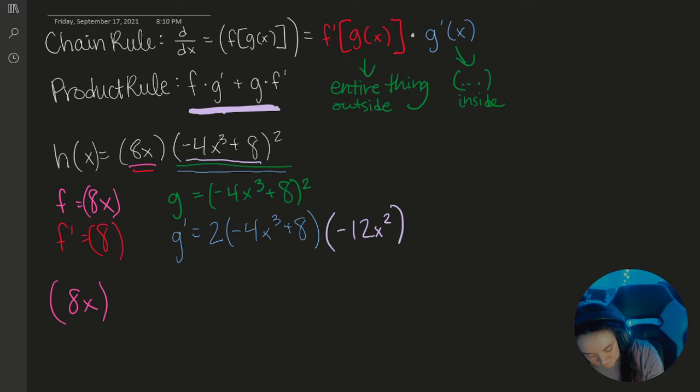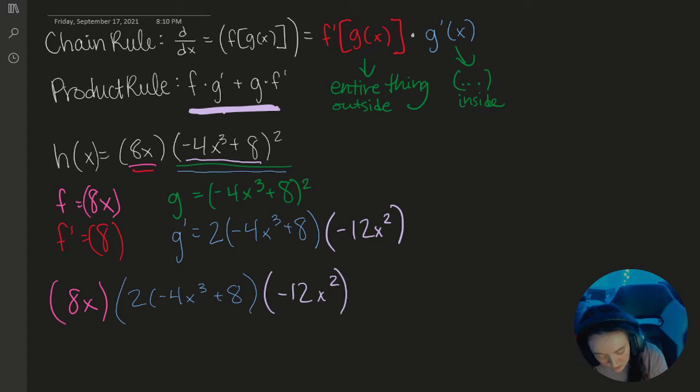So 8x times 2 times (negative 4x cubed plus 8) times negative 12x squared, plus our G, which is our (negative 4x cubed plus 8) all squared, times our F prime.